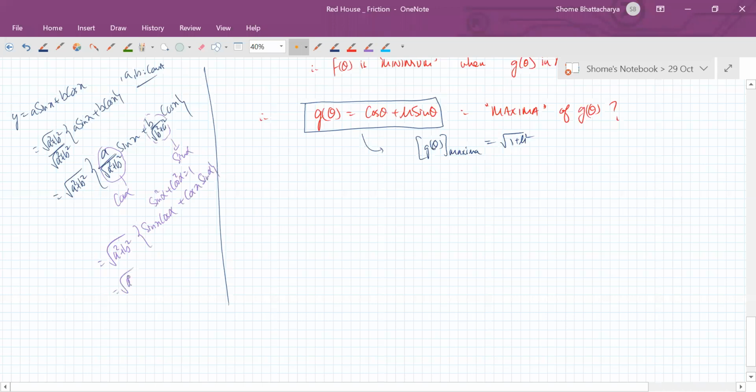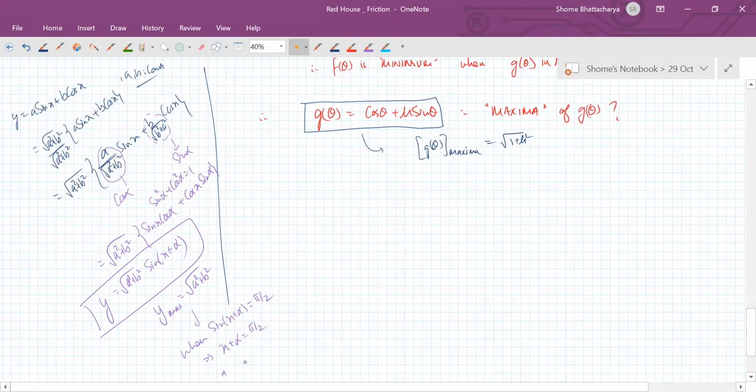So this becomes sine of x plus alpha. So you can see that y's maxima is equal to root of a square plus b square. And this occurs when sine of x plus alpha is pi by 2. That means x plus alpha is pi by 2 or 90 degrees. That means alpha is pi by 2 minus x.